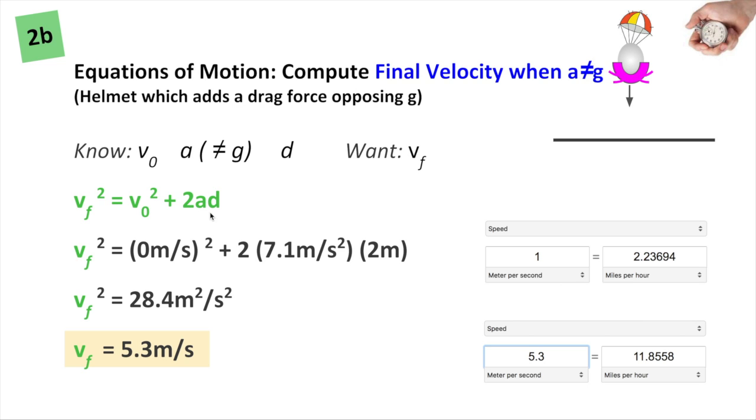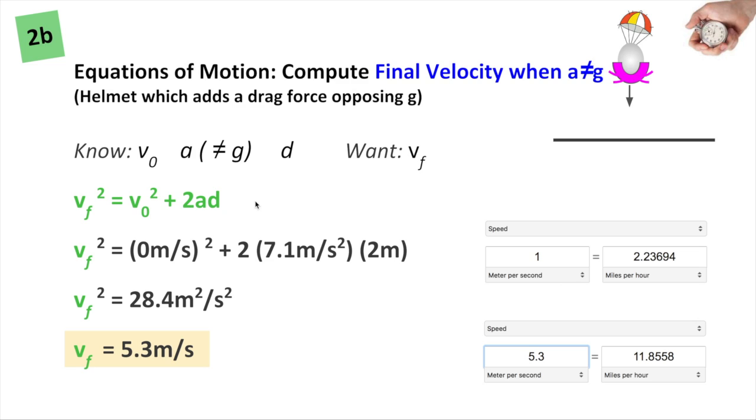I can plug in my newly known value for A, and I can ultimately compute a final velocity when the egg is in a protected device that also cultivates drag. That's a really powerful quantity to be able to compute, because that means I'll know the new velocity at which the egg in its crash device is finishing its fall and initiating the crash.